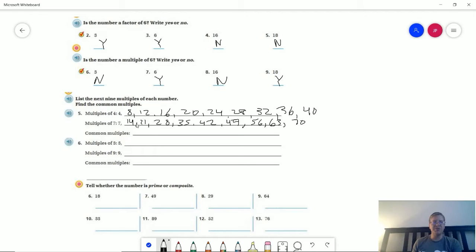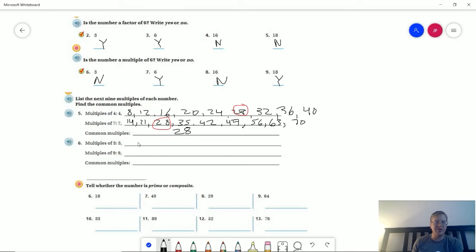First 10 multiples of 4 and 7, and we are going to look to see if there are any numbers that overlap. 28 is going to be a number that overlaps, and so what I would do is ask you to circle those. That looks like the only one that's going to work for this, so our common multiple would be 28.